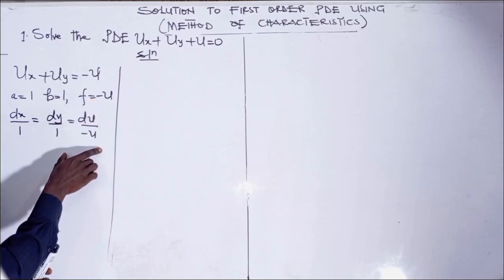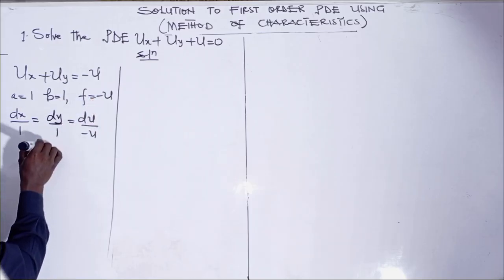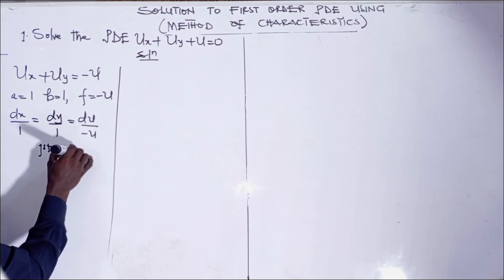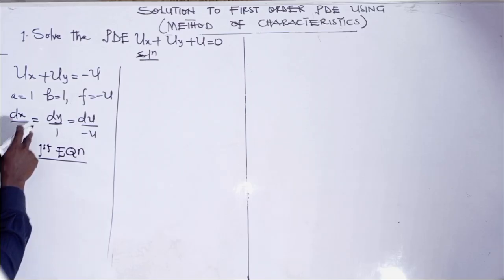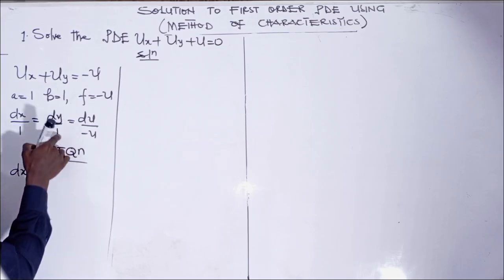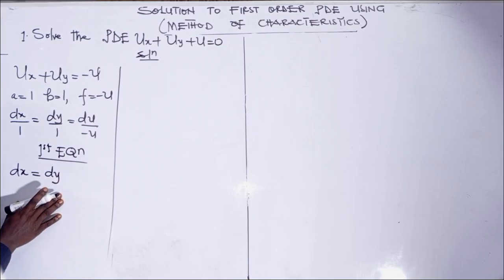Since f is not equal to 0, we are going to form two equations. So we have the first equation, or first pairing. We are going to take dx over 1 and then dy over 1. So we have dx over 1 is the same as dx, and then dy over 1 is the same as dy.